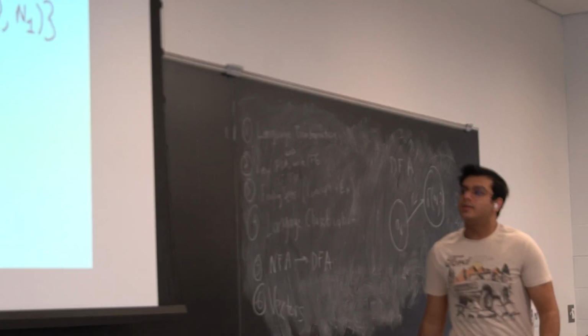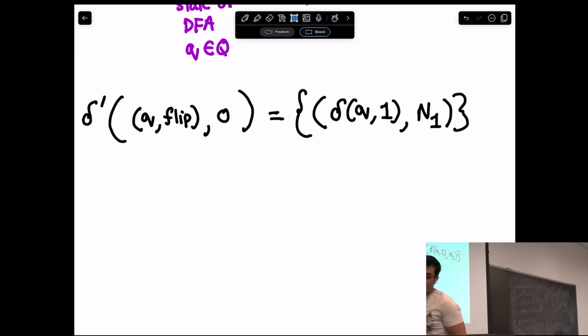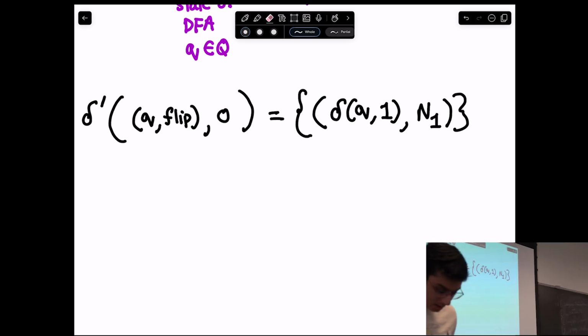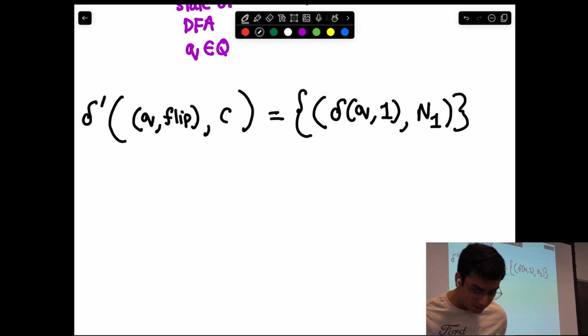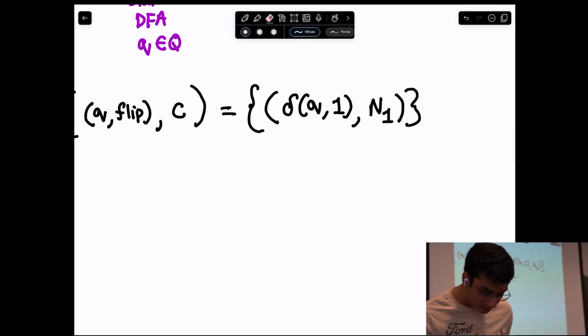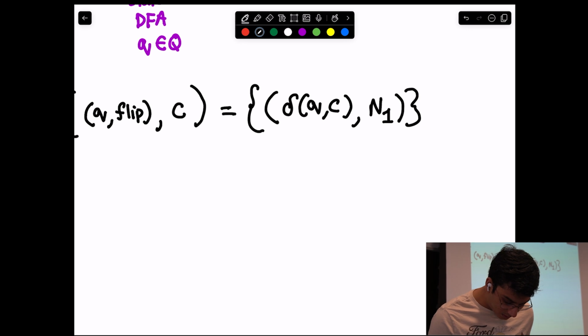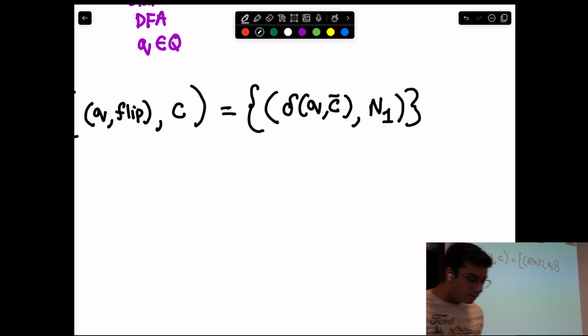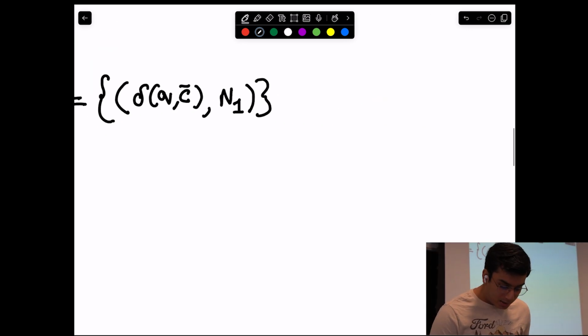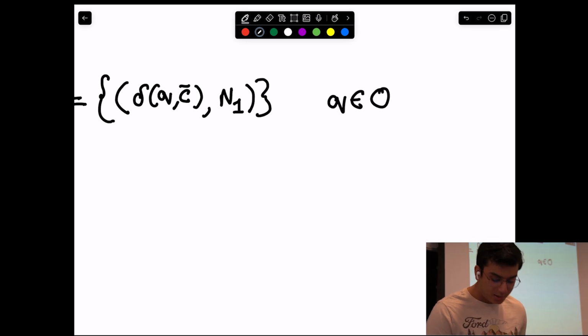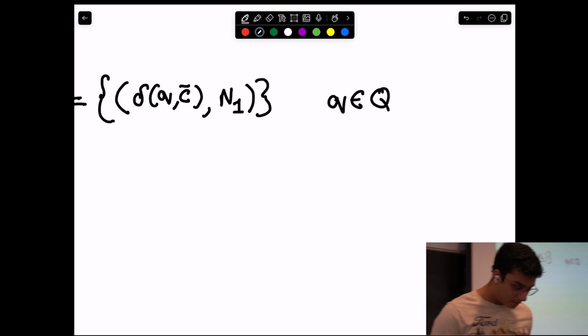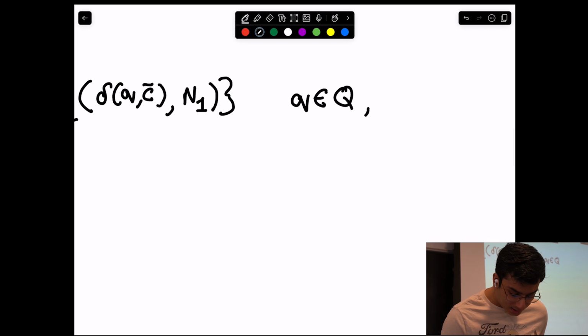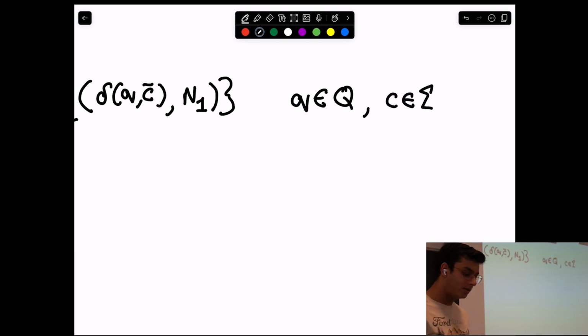So I can either write this out explicitly, or I can just say, this is some character C, and this is some character C complement. So I don't need to write two transitions. And to be formal, I can say that Q belongs to the set of states, capital Q, from my old DFA. And C is a character in the alphabet 0, 1.